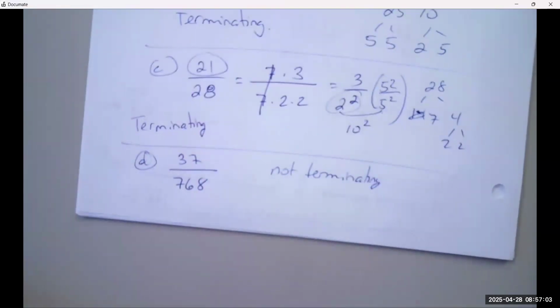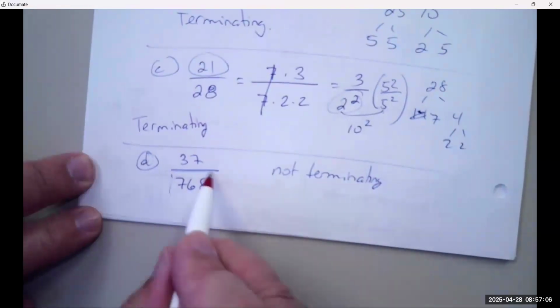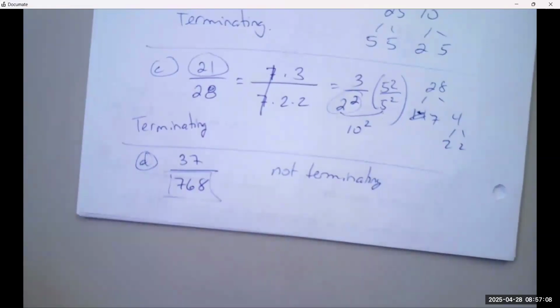Because 37 is a prime number, and 768 has more numbers than 2 and 5.